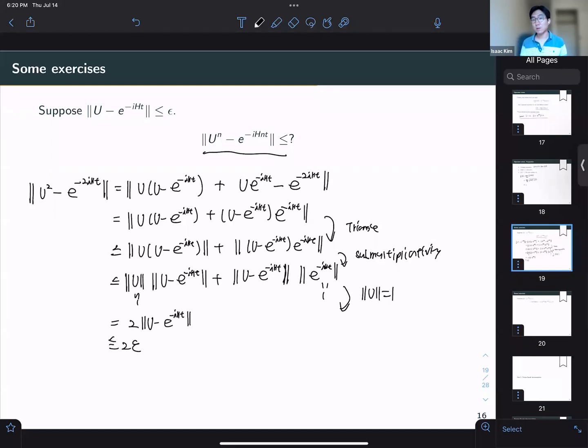These are the standard ways in which people prove things. And I suggest to you as an exercise to prove that this is upper bounded by n epsilon. This is intuitive because a small error in the worst case can at most scale linearly in the number of time steps that you apply this unitary.